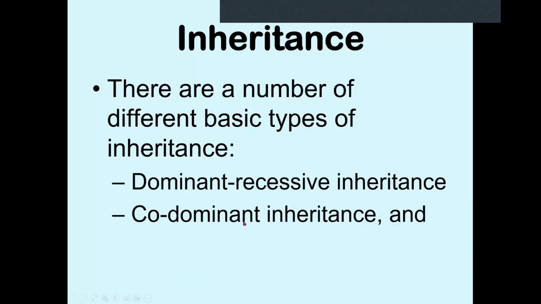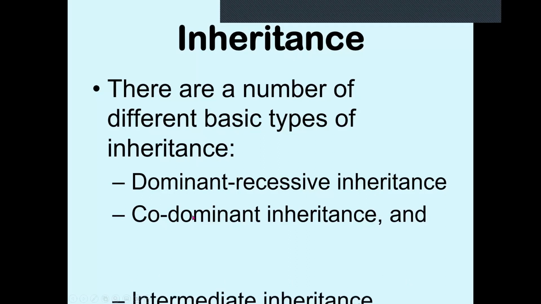We have codominant inheritance, which means that both characteristics, shown one in each chromosome, have an equal level of being able to be seen. Whereas with the recessive, the dominant one is dominant and suppresses that one. Here, they're both equal, so they're both seen.